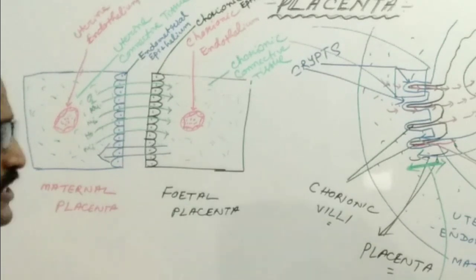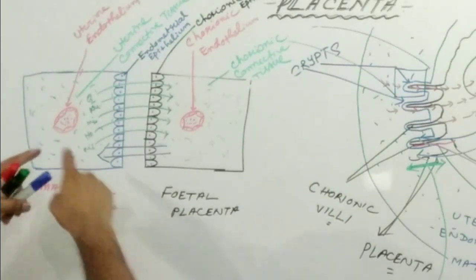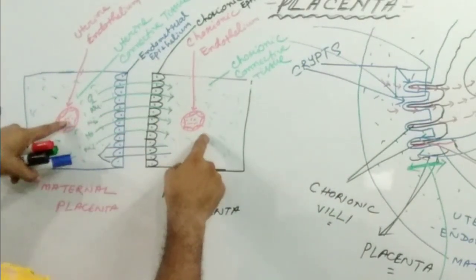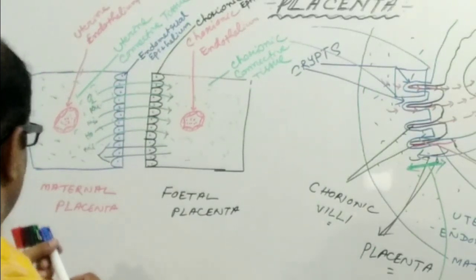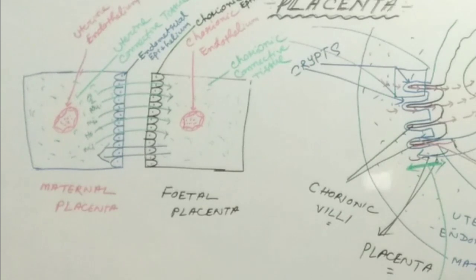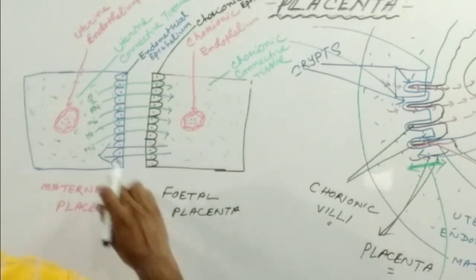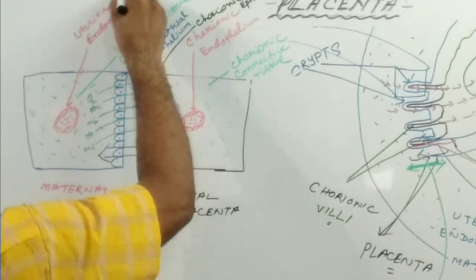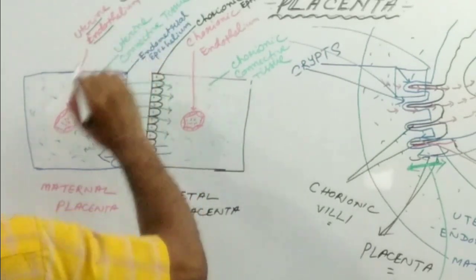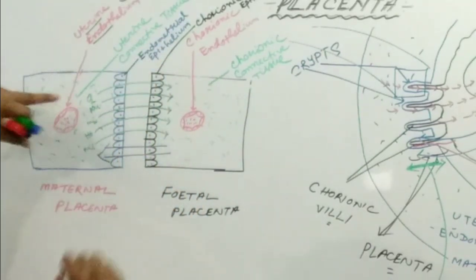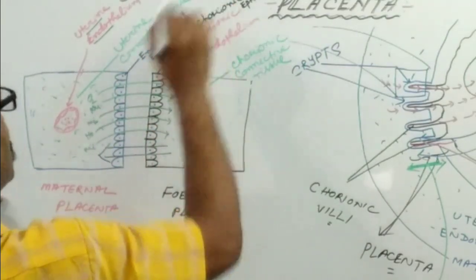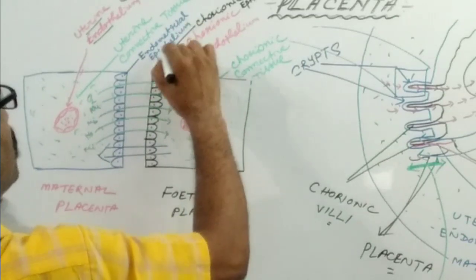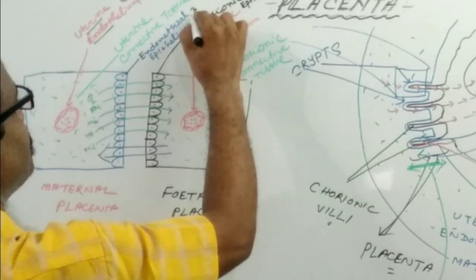So in the placenta, between the blood of the mother and the fetus, there are six barriers of tissues or membranes. The first barrier is the uterine endothelium. The second barrier is the uterine connective tissue. The third barrier is the endometrial epithelium.